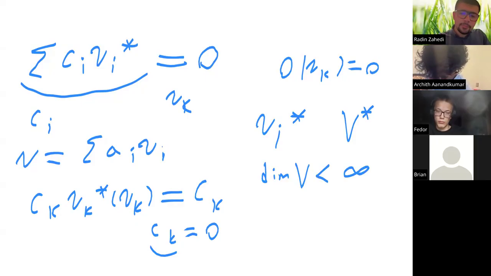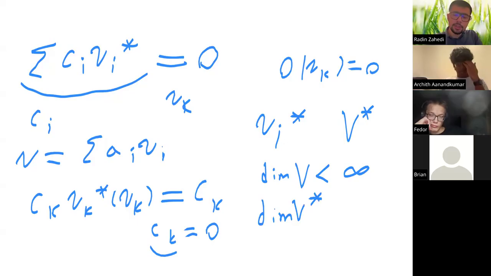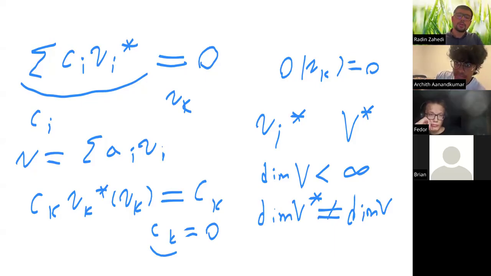However, sadly, if V is not finite dimensional, then the dimension of V star is not even necessarily equal to the dimension of V. There could be some cases when V star is not of the same dimension as V. So although it works pretty well for finite dimensional spaces, for infinite dimensional vector spaces, these vi stars are still linearly independent, because here we had no assumption of it being finite dimensional, but they might not necessarily form a basis anymore.